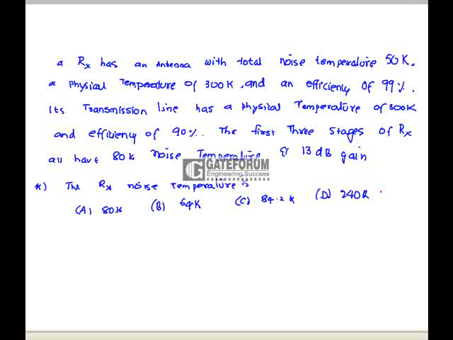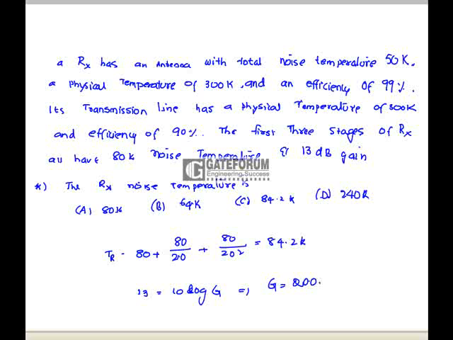The receiver noise temperature is 80 plus 80 divided by 20 plus 80 divided by 20 square, which is equals to 84.2 Kelvin. Here gain is given in dB, so 13 is equals to 10 log G, which is G approximately equals to 20.